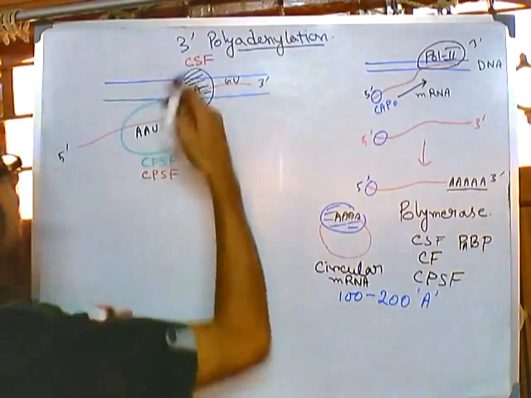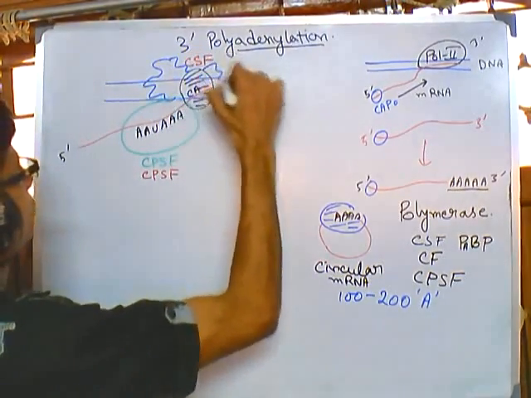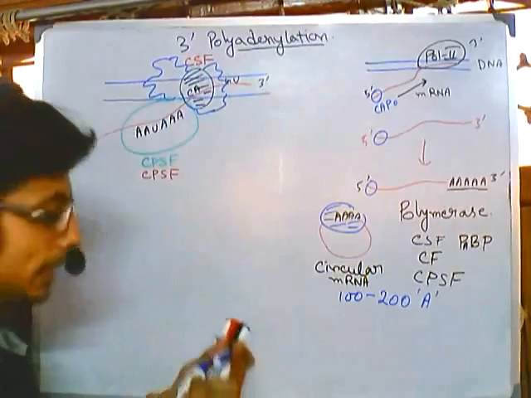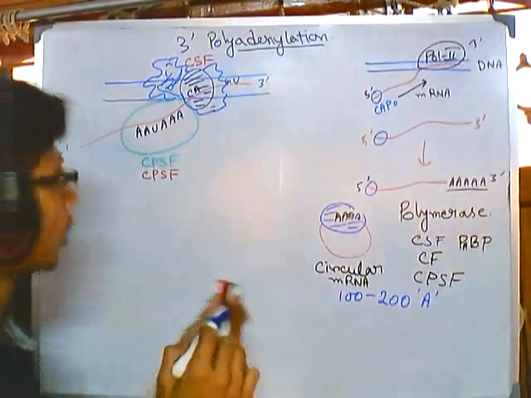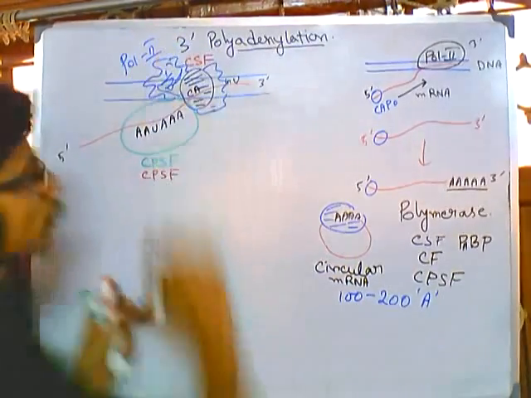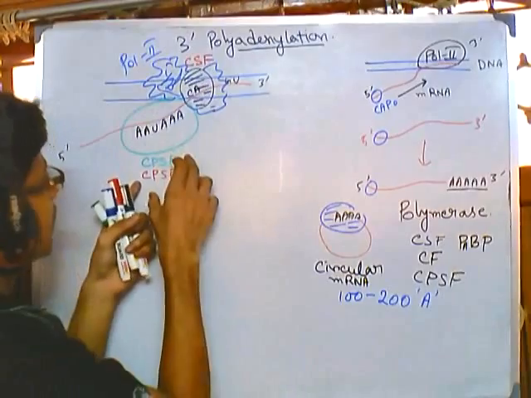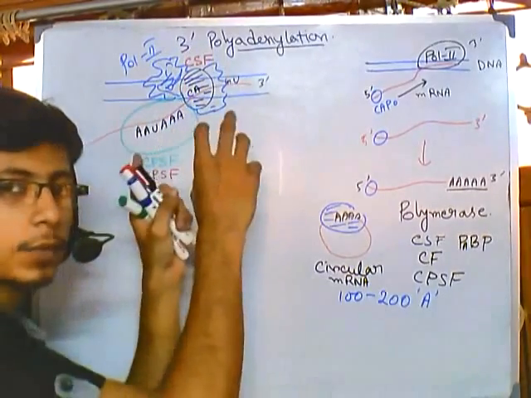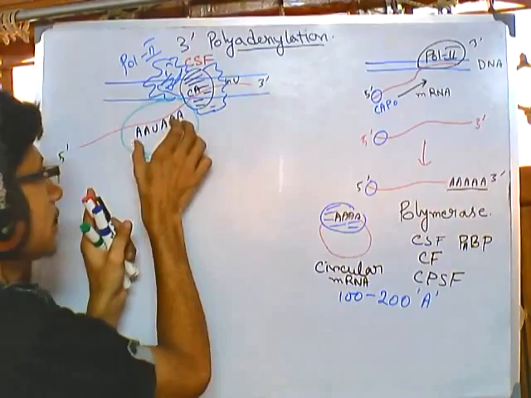I am just drawing the polymerase here. This blue thing is the polymerase enzyme, Pol II, sitting on it and transcribing.